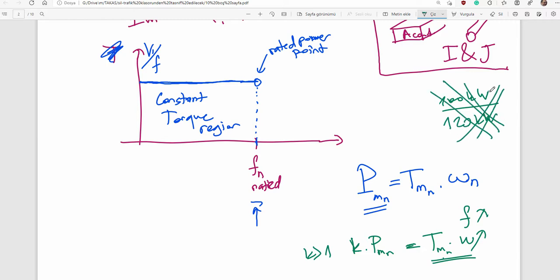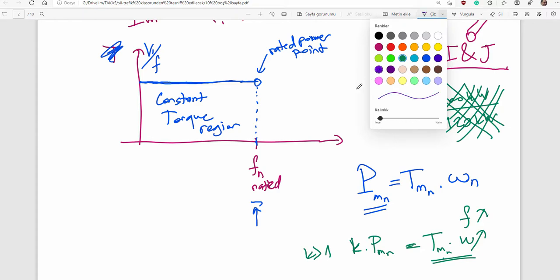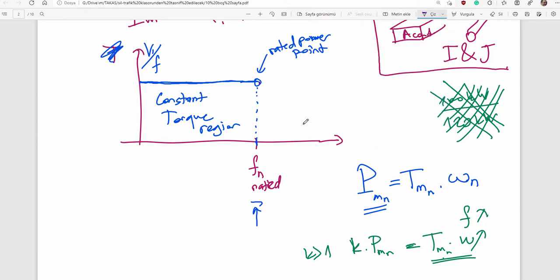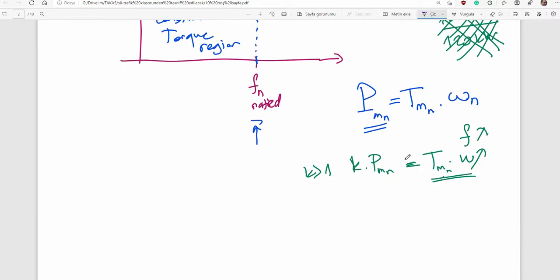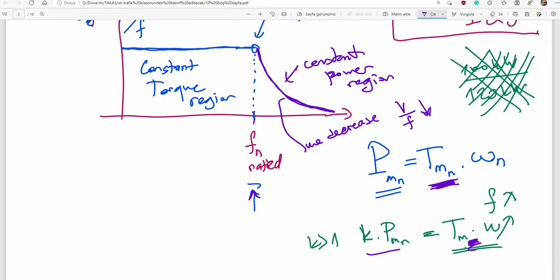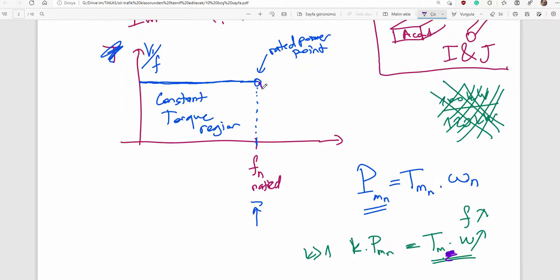It is not possible, gentlemen. There will be overheating, and machine insulation or other properties will be damaged. After that point, machine torque must not be kept constant at its rated value. Torque must be reduced. And that region is called constant power region.